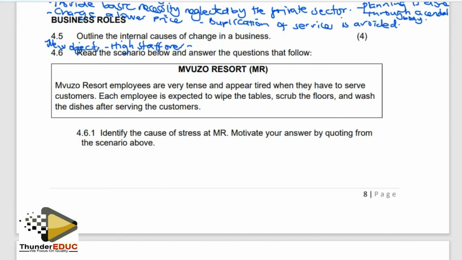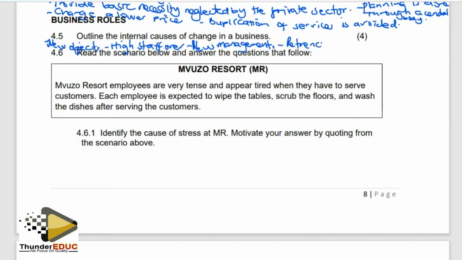It could be because of new management. When a new manager comes into the business, he may come up with a lot of changes where he looks at things in another way, and then things could be changed. Another aspect could be retrenchment.